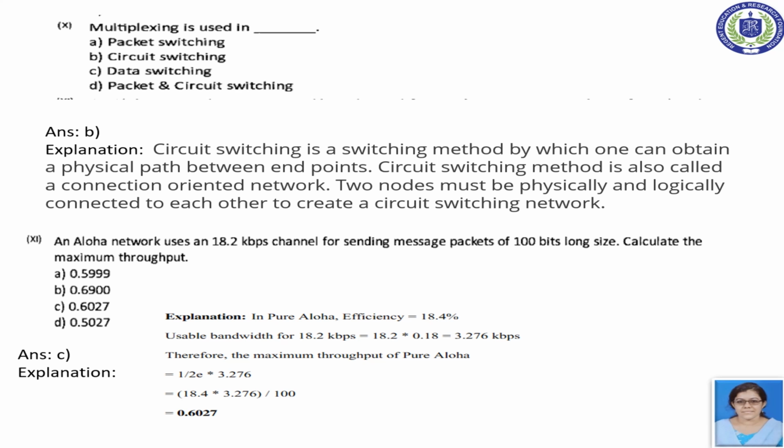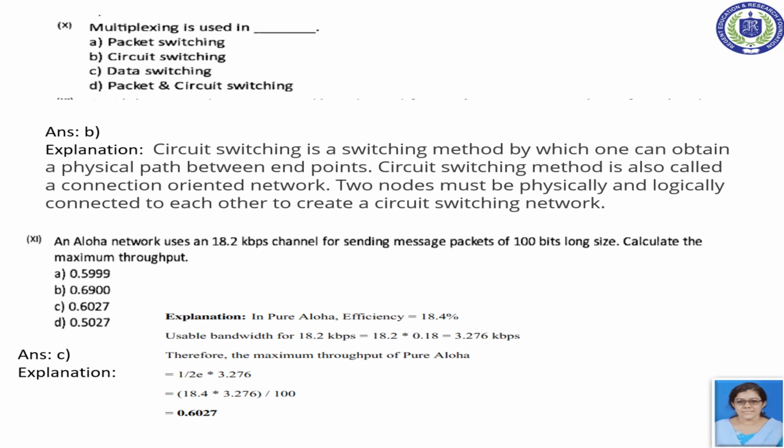In the next question, there is a mathematical part. In the Aloha network, which uses an 18.2 kbps channel for sending message packets of 100 bits long size for the data, you have to calculate the maximum throughput.